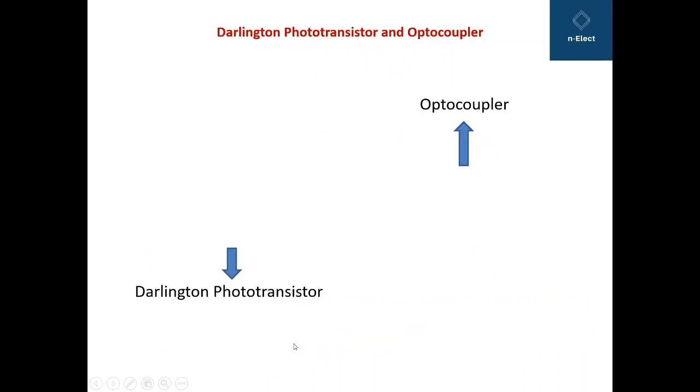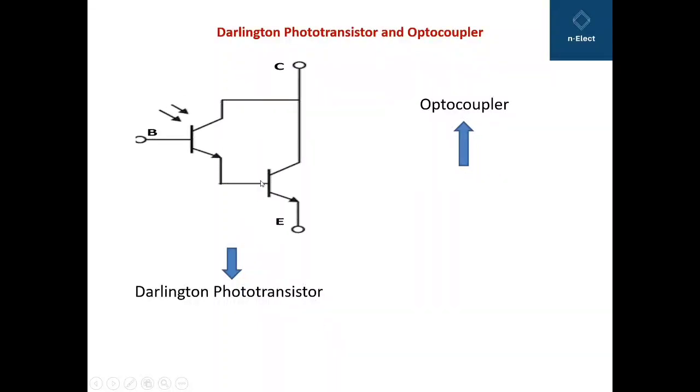We will see the structure of the Darlington phototransistor. It looks like this. Here you can see the phototransistor is connected to a transistor in such a way that their collectors are connected together and called the collector terminal, while the emitter terminal of the phototransistor is connected to the NPN transistor, and here the common emitter is used.